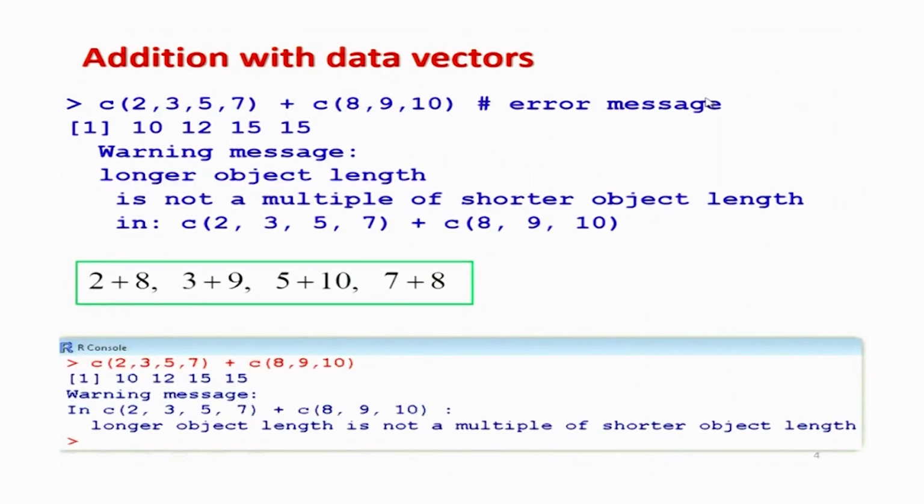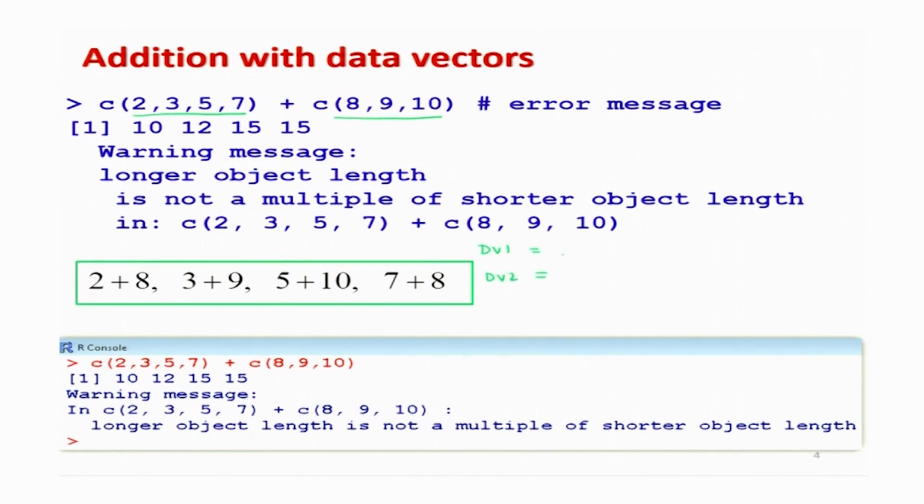Now, in order to explain this operation, I am taking one data vector which has 4 elements, 2, 3, 5 and 7, and a second data vector which has the values 8, 9 and 10. Let us understand the same operation as we have understood in the other two cases.